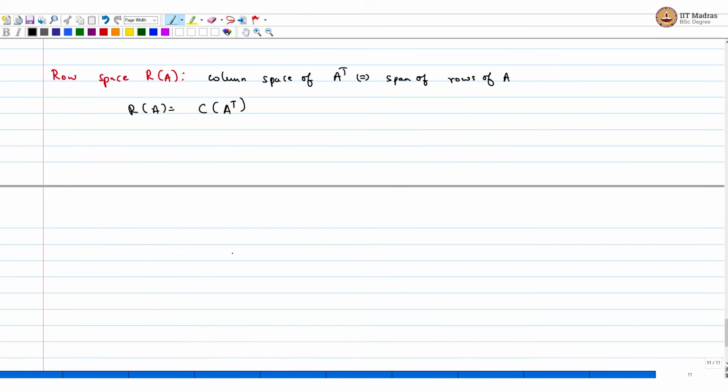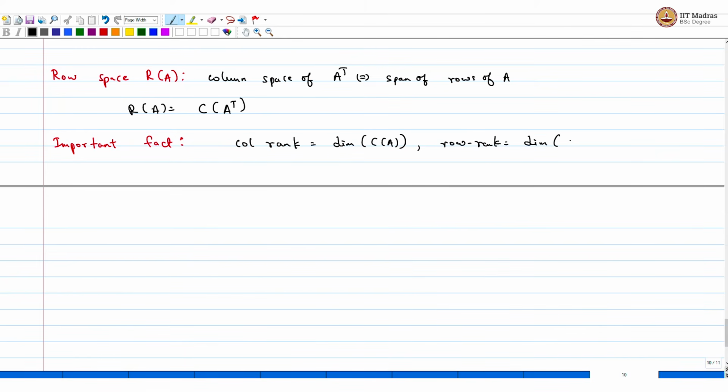And the important fact, which goes without proof since we have seen this proof before: column rank equals the dimension of the column space of A, row rank equals the dimension of the row space, and the important fact is column rank equals row rank.